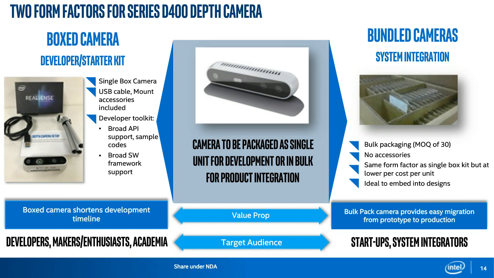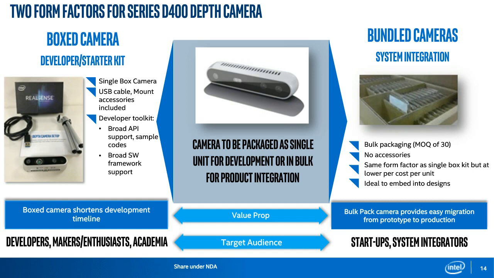The other way is we understand that some companies are going to take this camera and actually productize it into their solution. What we wanted to do is offer them a lower price and a better way of getting multiple cameras. What we've done is we put them in packs of 30, or we call them bundled cameras, and we sell them at a lower price than the boxed camera. The difference between the two solutions is we are only putting the camera itself in that bundled box.